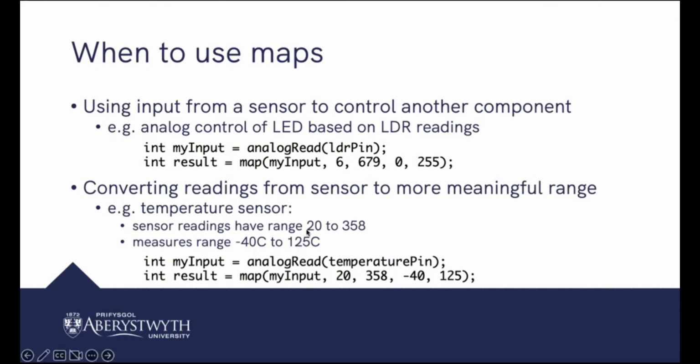We can take this input range from 20 to 358 and map it onto the actual temperature range that the sensor is able to measure. And that will then give us the actual temperature in degrees centigrade that the sensor is reading, which we can then use to make a lot more sensible decisions about what to do. Like if it's below 0, I'm turning the heating on very high. But if it's 125, then I probably want to turn a fan on instead, for example.